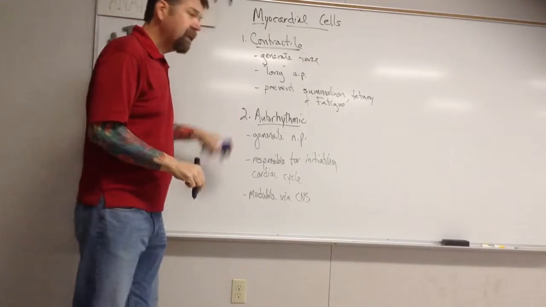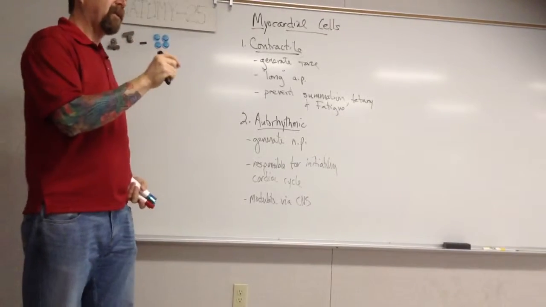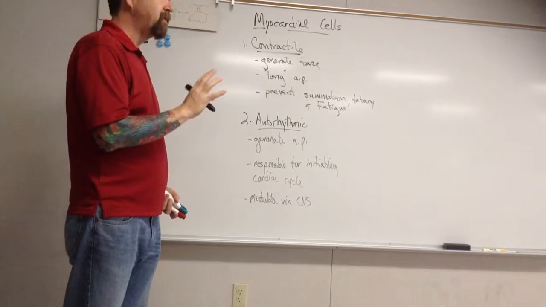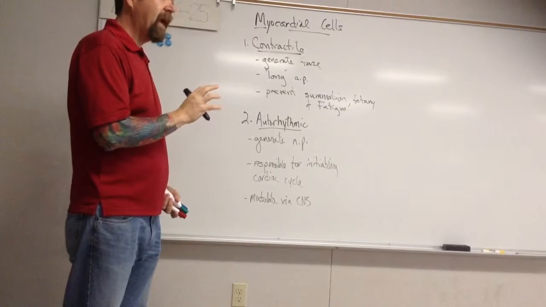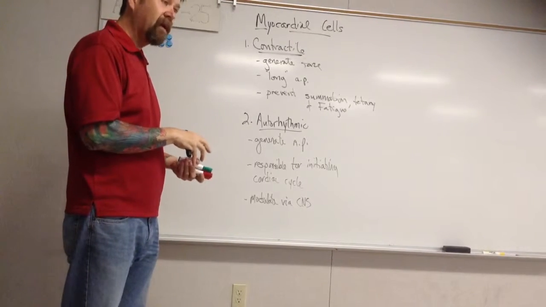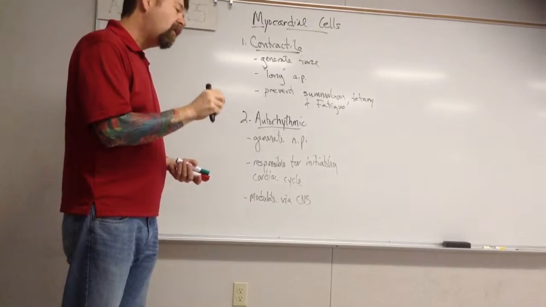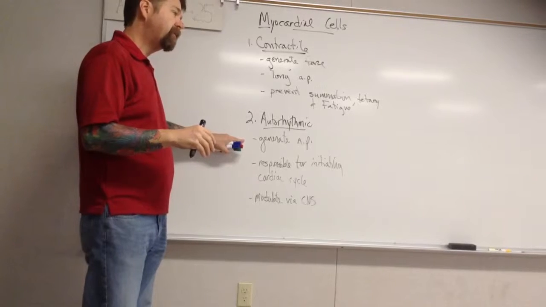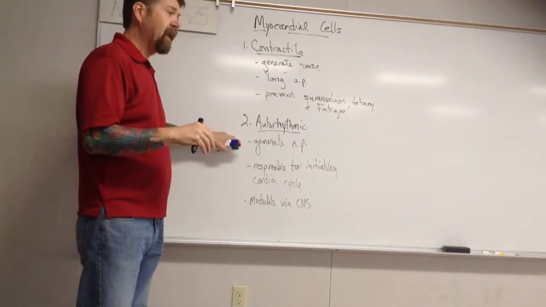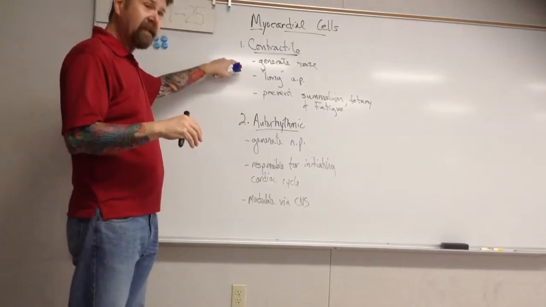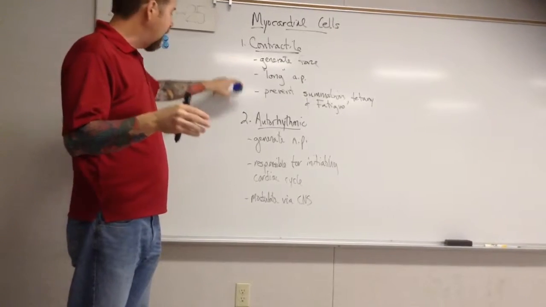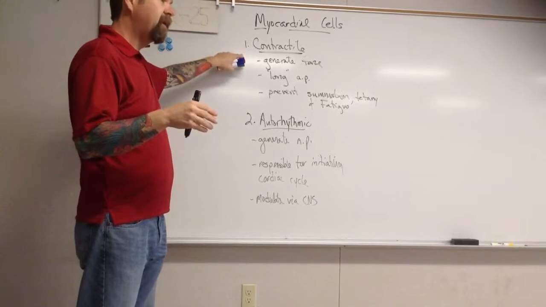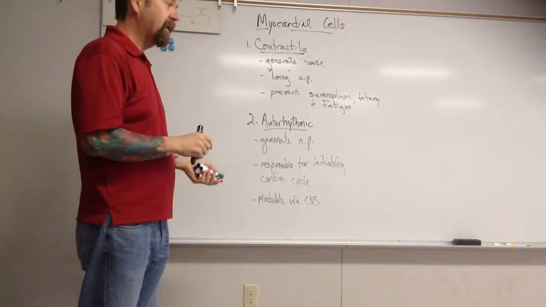And the autorhythmic cells, now they are muscle cells developmentally, but they're modified. They don't have sarcomeres, they don't have actin and myosin, so no contractile elements at all. In fact, all they function in is generating action potentials. Okay? So these are the cells that are responsible for telling these cells to contract. And when these cells fire an action potential, it will spread to these cells and they'll contract in response to that.